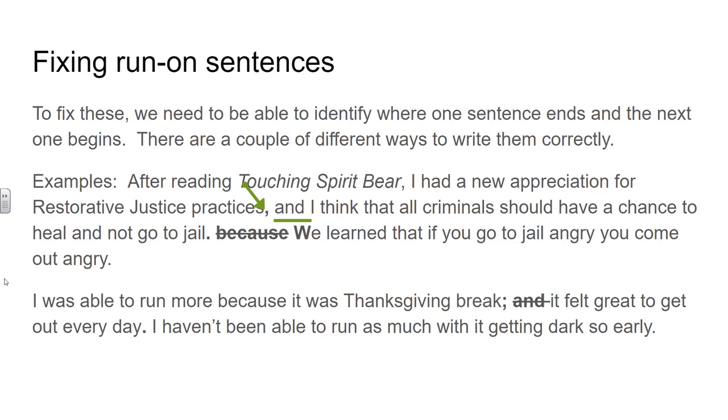Notice the comma after practices and the conjunction and. I turned that into a compound sentence. Two sentences joined by a comma and a conjunction. For the last one, I simply made it its own sentence. Period after jail, got rid of because, and started with a capital W. We learned that if you go to jail angry, you come out angry, period. So I turned that run-on into two sentences, one of them a compound.